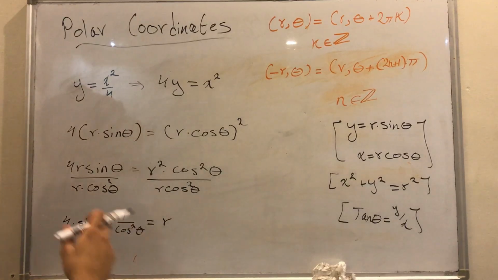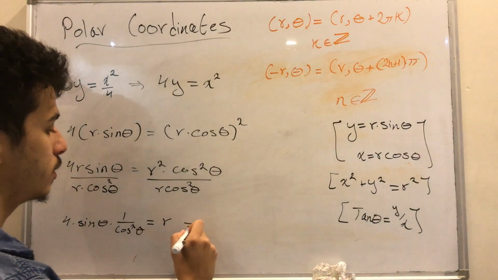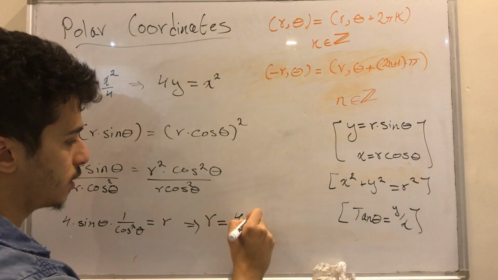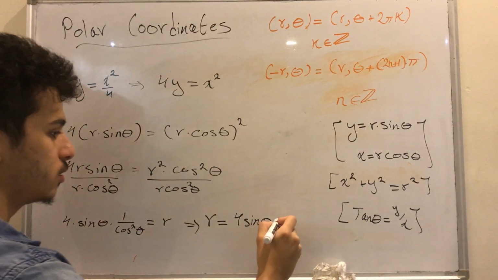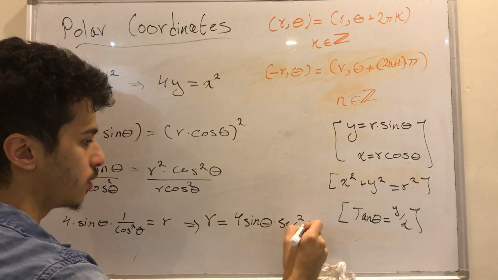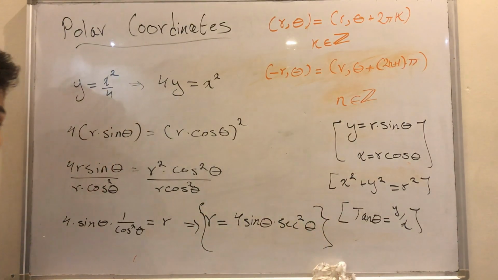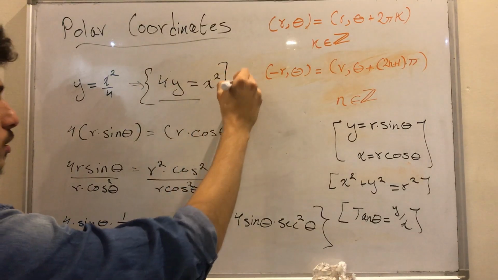It could be rewritten in this way. r is equal to 4 times sine theta times, well, 1 over cosine is secant, so that's secant squared theta. And this is a polar equation of a parabola. These are equivalent.